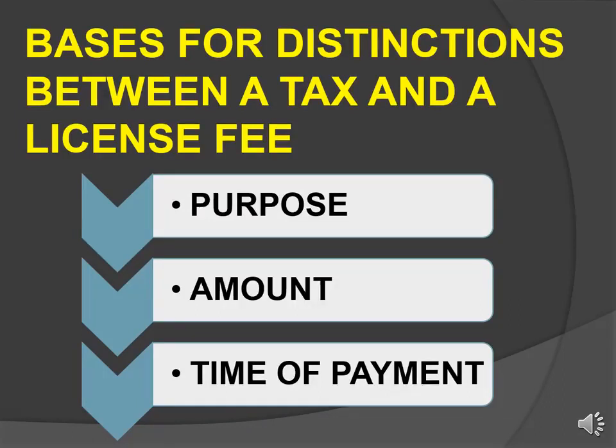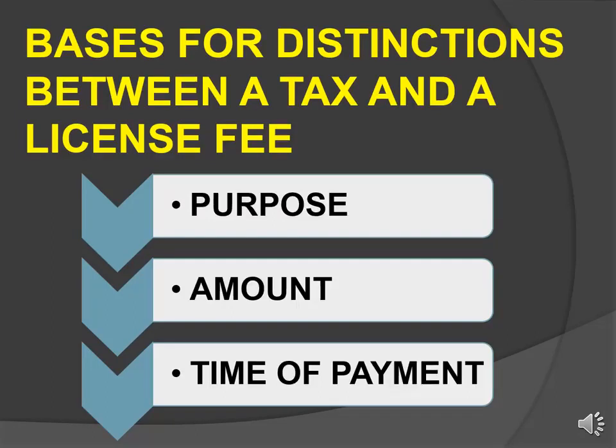A tax is basically for the purpose of raising revenues, while a license fee is for purposes of regulation, in short, to promote the general welfare and to protect the health, safety, and morals of the inhabitants. Therein lies the first difference. As a result of the first difference, you have the second difference with respect this time to amount. Since a tax is for revenue purposes, then the amount collected is practically unlimited.